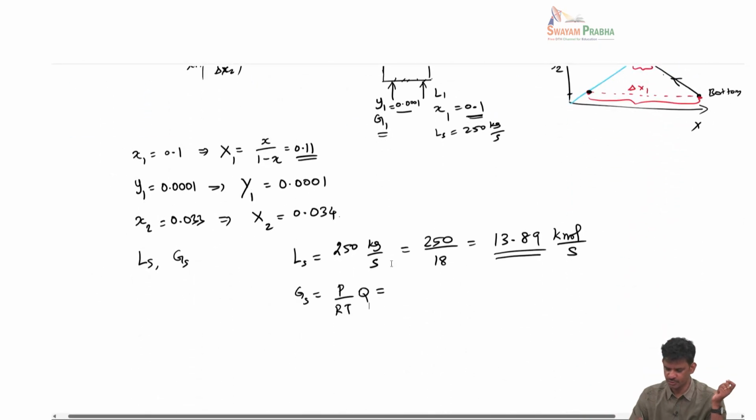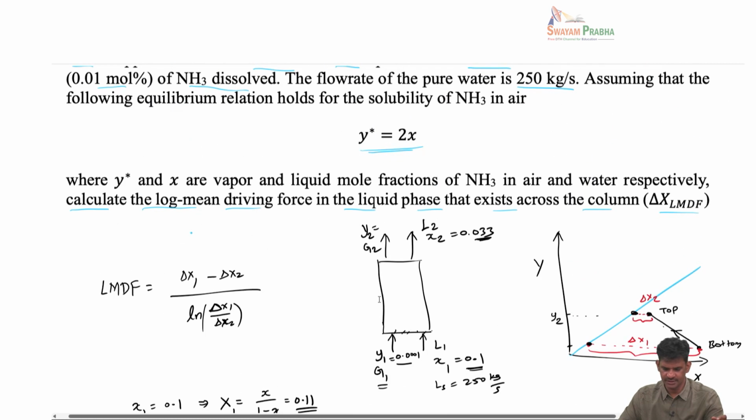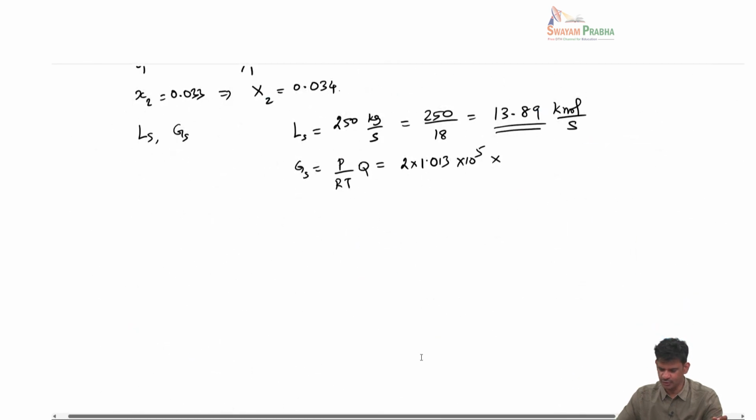So pressure is 2 atmosphere, or we say 2 bar, and the volumetric flow rate is 600 meter cube per second, and temperature is 30 degrees, so 303 Kelvin.